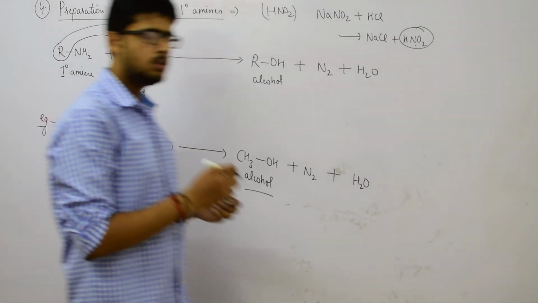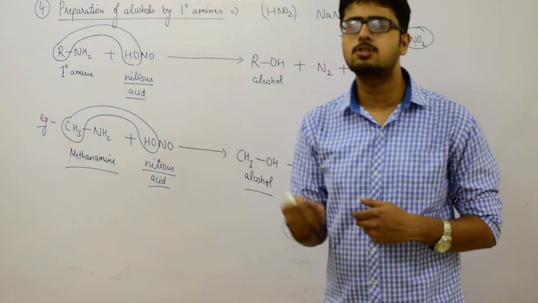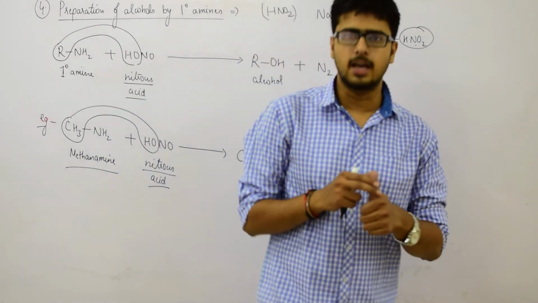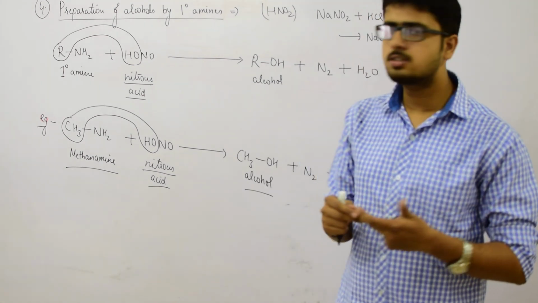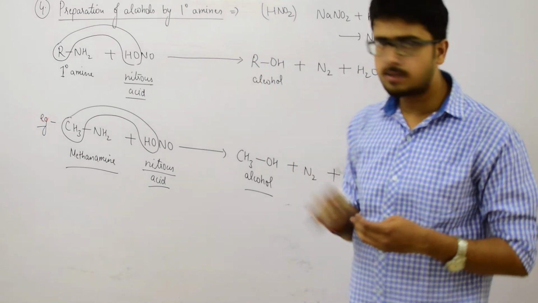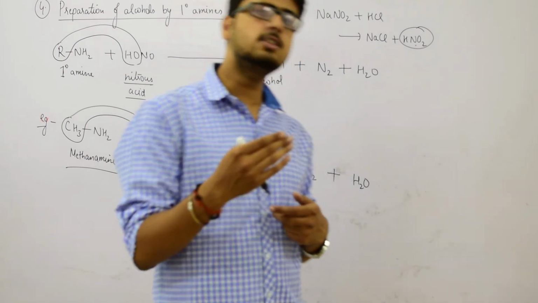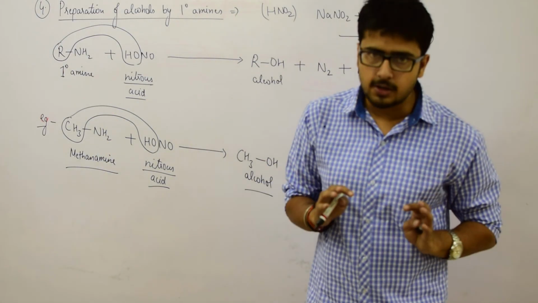Okay. So we saw 4 methods of preparation of alcohols by general method. First one was preparation from haloalkanes. Second was by Grignard reagent. Third was from hydrolysis of esters. Fourth one is from primary amines. And now we are going to discuss the fifth general method of preparation of alcohols, that is from carbonyl compounds.